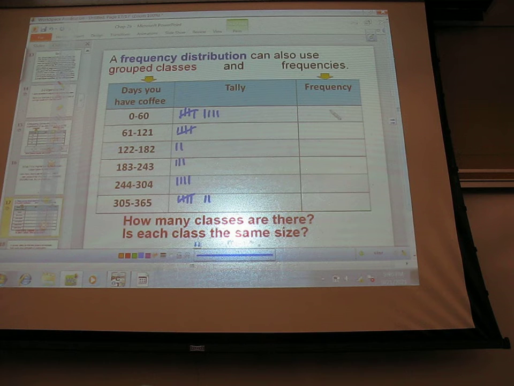Great. Okay, so I had 9, 5, 2, 3, 4, and 7.